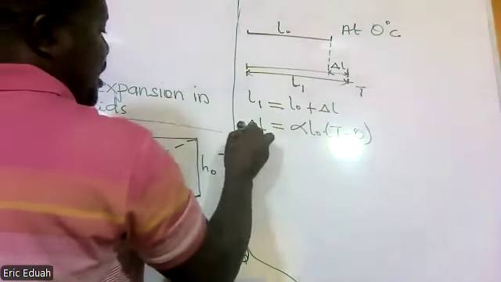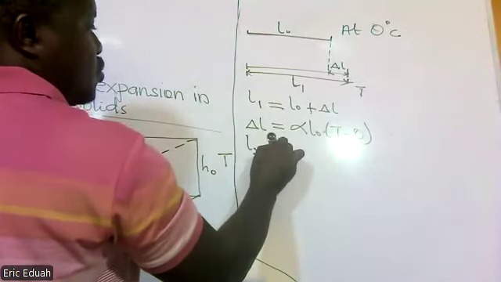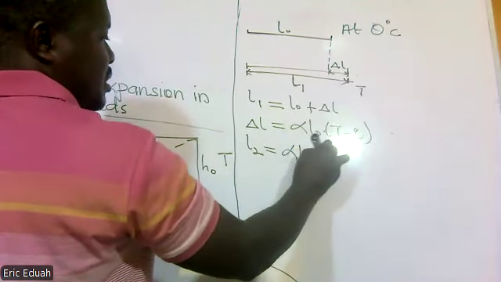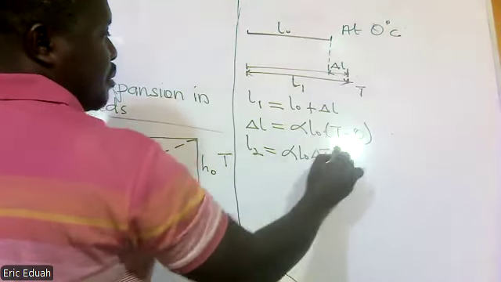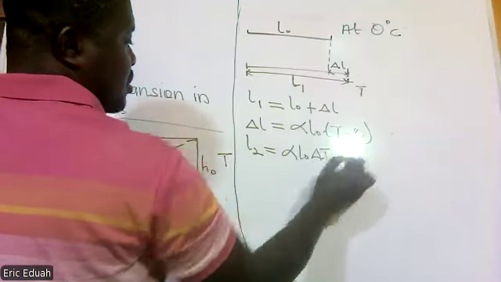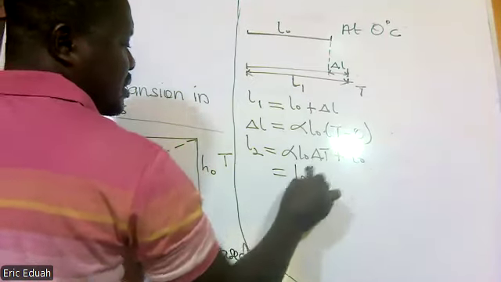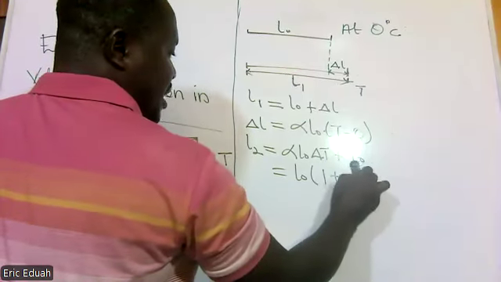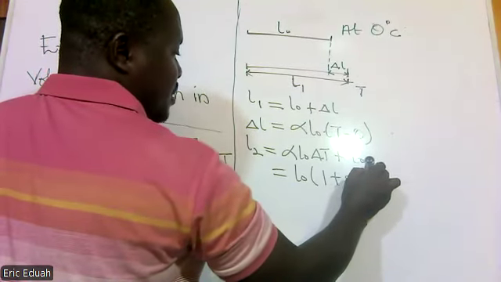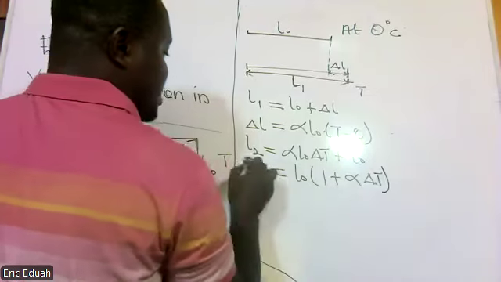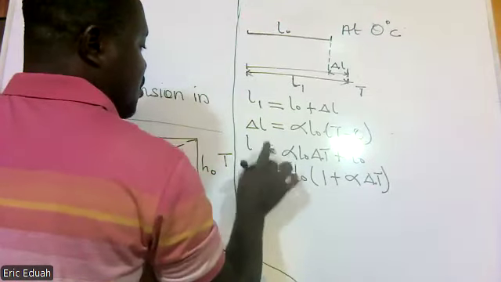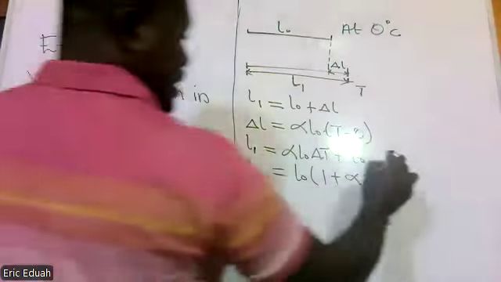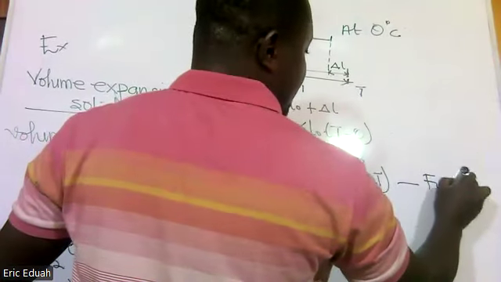Therefore, the final length L1 is equal to alpha L naught times delta T plus L naught. We factorize out the original length and have L naught times 1 plus alpha delta T. So this gives us an expression for the final length.